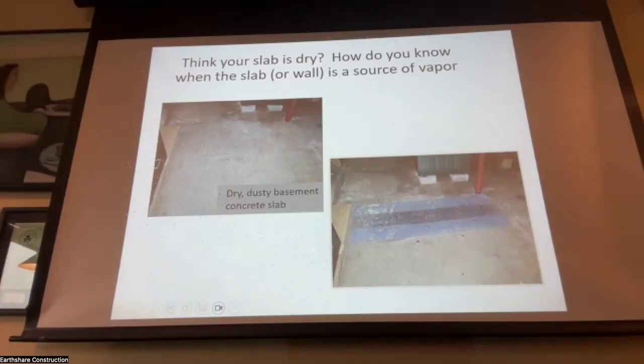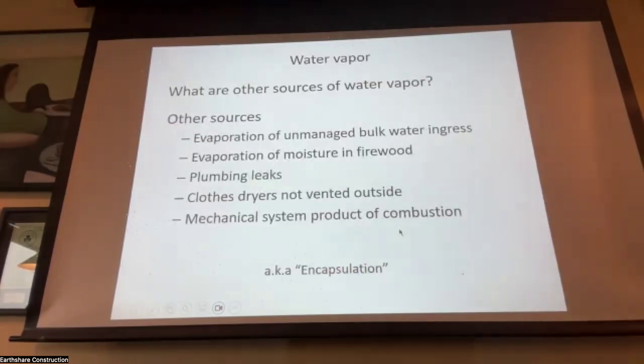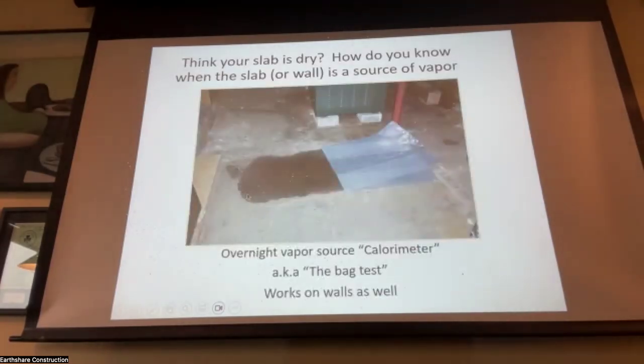So you lay a garbage bag on it, and you go down the next day and lift up the bag, and there it is. That's how much water is coming through the slab that you didn't know was there. So this is what I call a bag test, or a vapor source calorimeter test, that you can do yourself with a garbage bag. And you can do this on the wall too. Just tape it on the wall and see if it gets wet behind it.